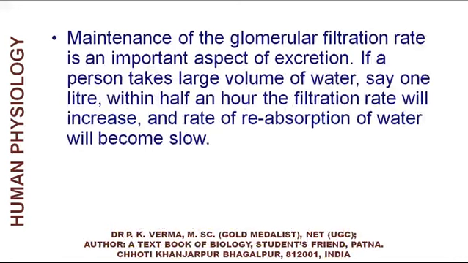Maintenance of glomerular filtration rate is an important aspect of excretion. If a person takes a large volume of water, say 1 liter, within half an hour, the filtration rate will increase and rate of reabsorption of water will become slow.